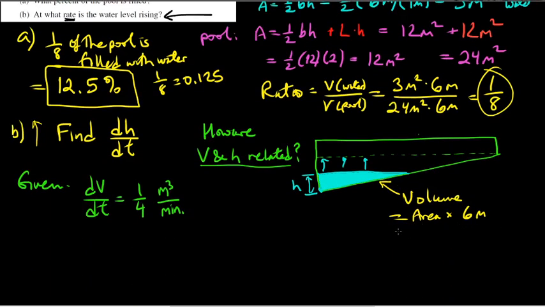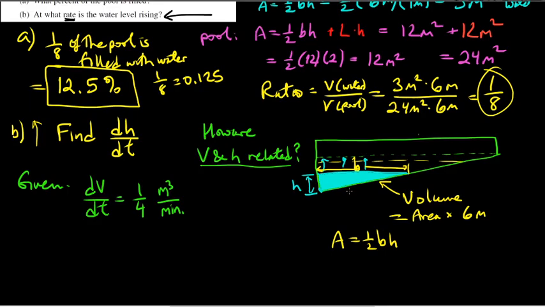And what's the area of this triangle? Well, the area is just 1/2 the base times the height. The base being this distance here, which at the moment is 6 meters, but as the water level changes, that's going to be increasing. So h is not a constant and b is not a constant here.